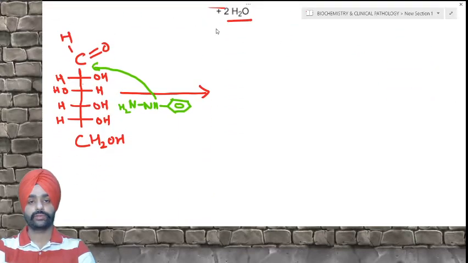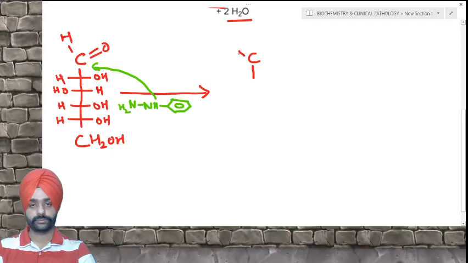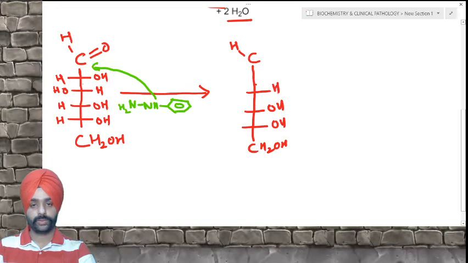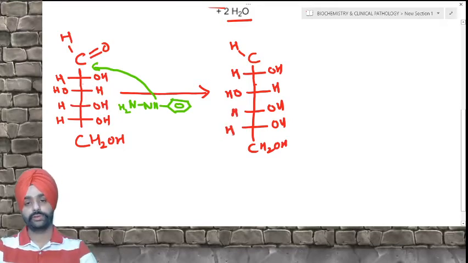The phenylhydrazone is as follows. Students, you can also make this structure, which is a simple drawing of the structure of glucose.